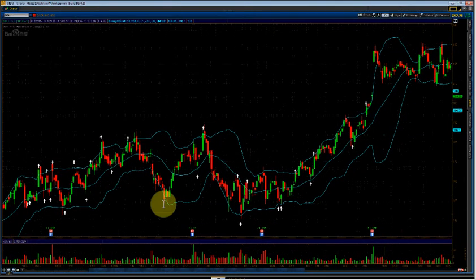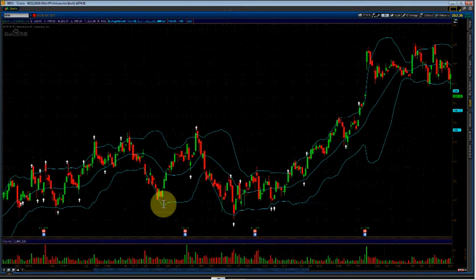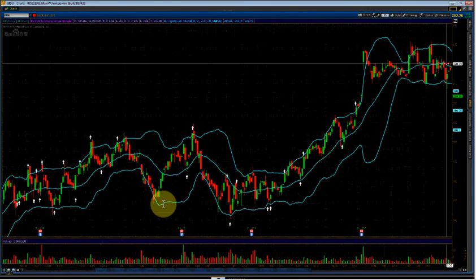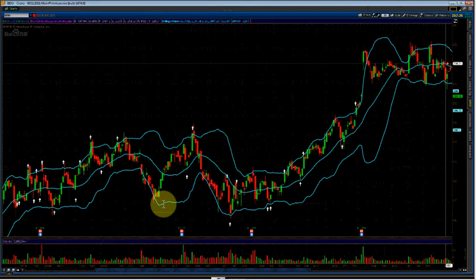Because that's actually exactly what it did right here. It consolidated. Which way is my moving average going? Turned down right here, didn't it?